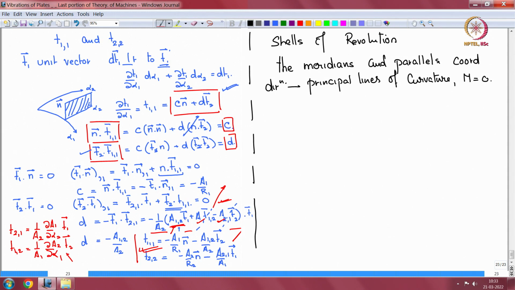So, if we look at it for a sphere, in the sphere there is this axis and there is this meridian that revolves around it. This is the meridian, half circle.